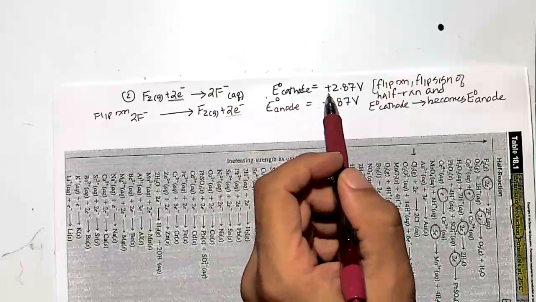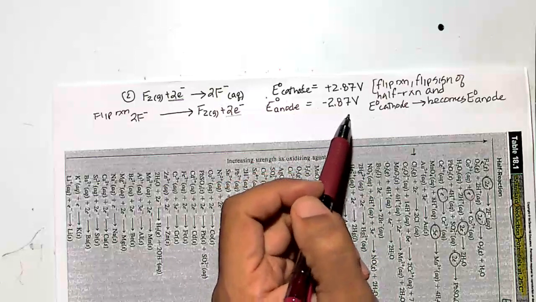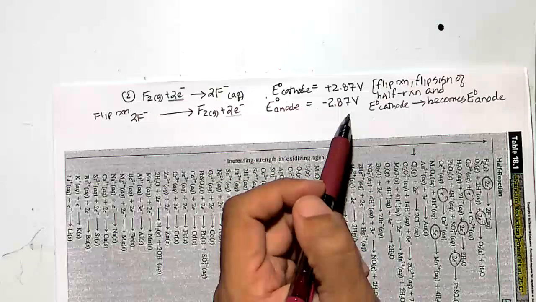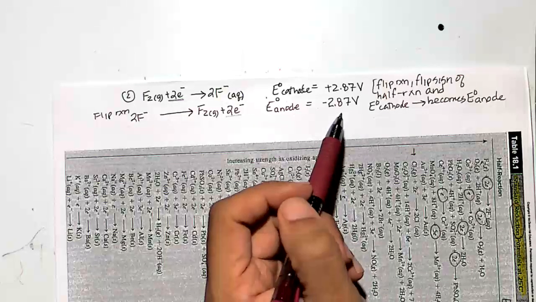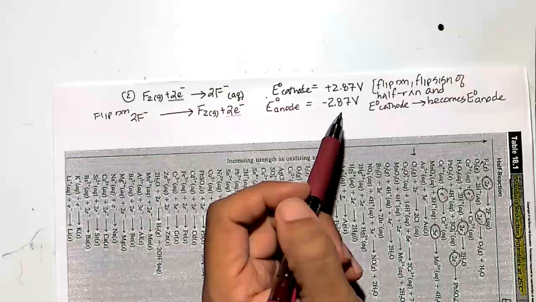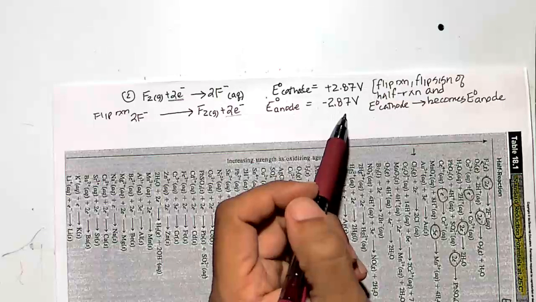So which do you think is more likely to happen? Positive 2.87 volts or negative 2.87 volts? Okay. Positive or negative? Positive, right? Positive 2.87 volts.